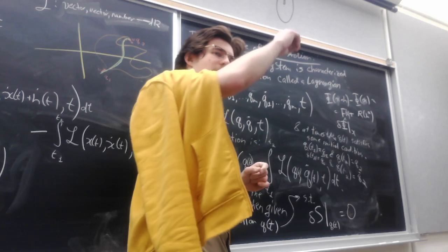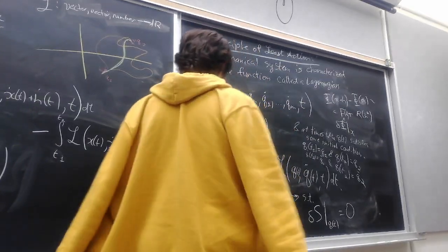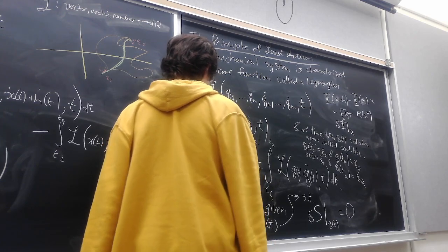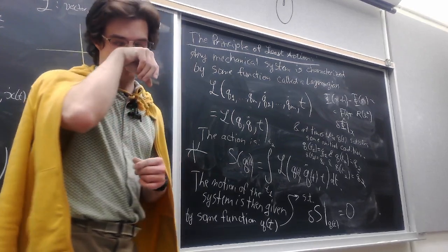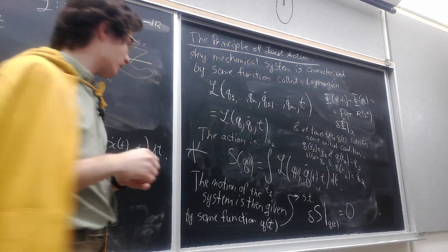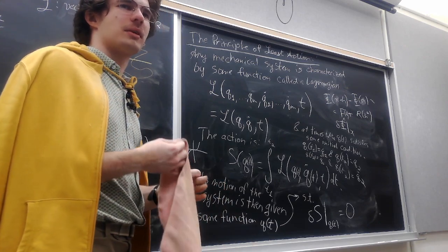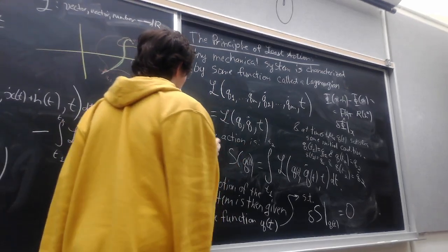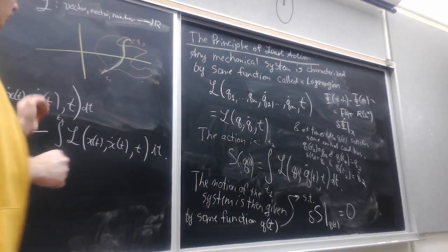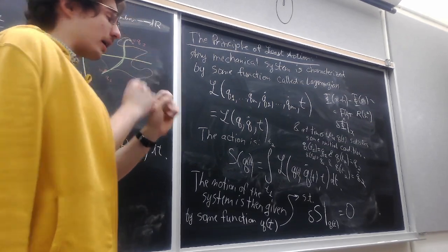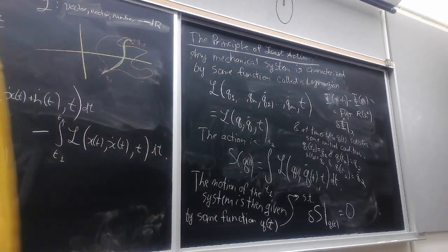If you think incorrectly of this as a function on R3 instead of an actual functional, you can have something where the derivative is 0, but it's not a minimum or a maximum or anything. Some people call it the path of least action, others call it something with extremum. I think the more right way to think about it is in terms of an extremum. You want to find a particular path such that if you change the path a little bit, this function doesn't really change, at least to first order.